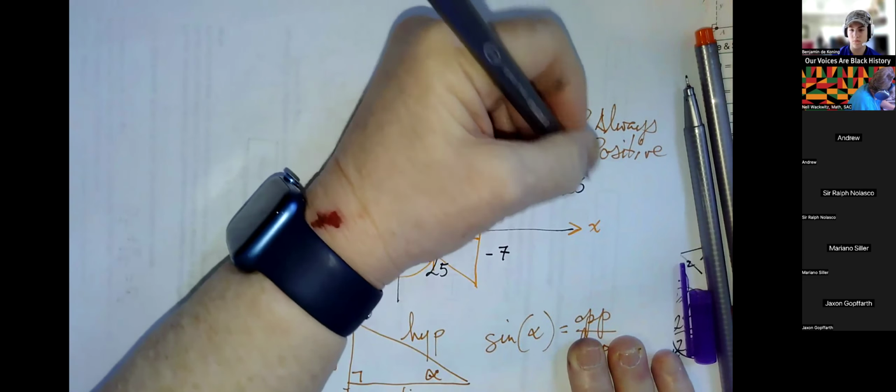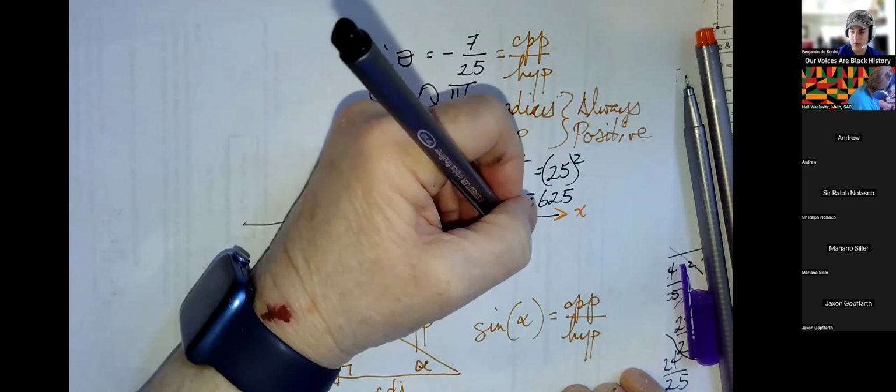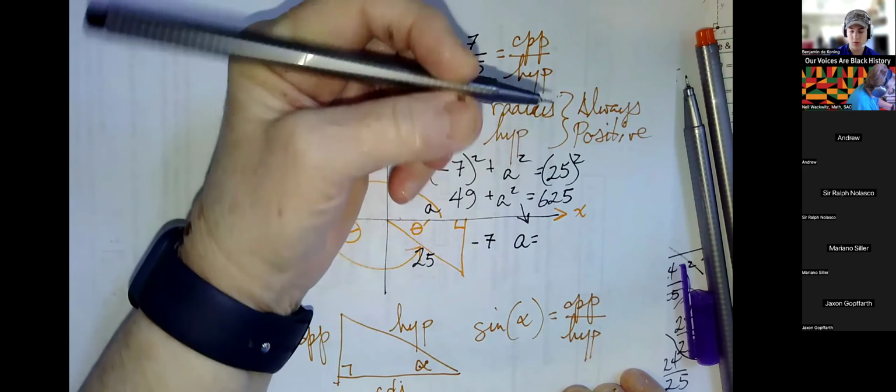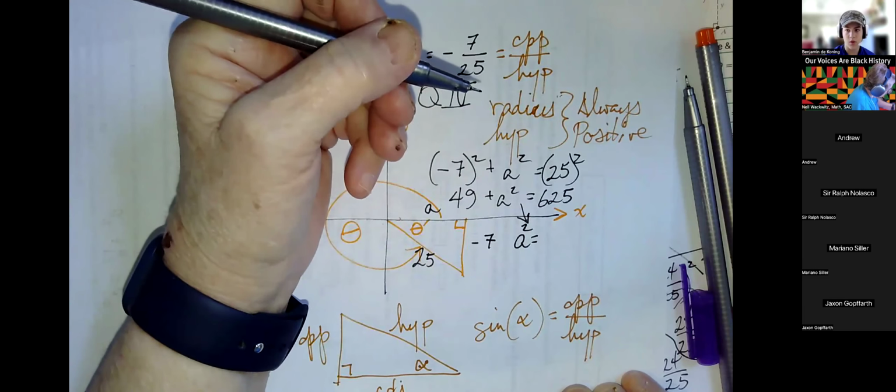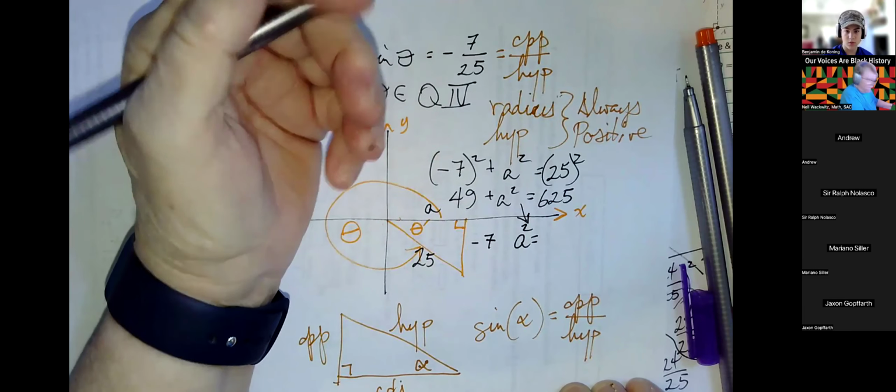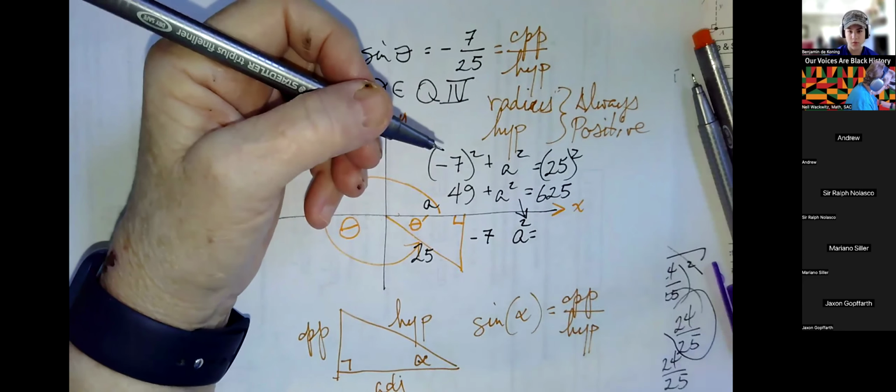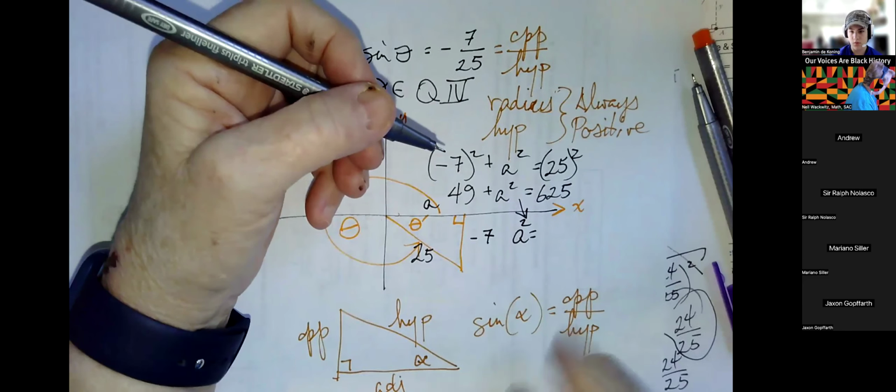All right. And then we have to take the square root of both sides. Well, let's solve for A squared first. Let's get A squared by itself. So subtract 49 from both sides. Okay, and then we said that was 576.